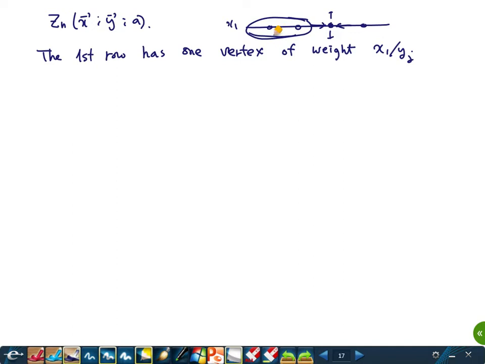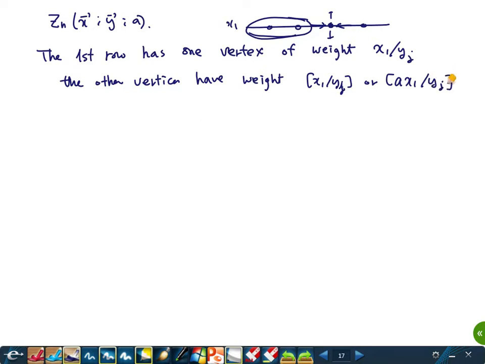And the other vertices have weight, they are all zeros, either x1 over y1 or x1 over yj for some j of this form. You can compute this.